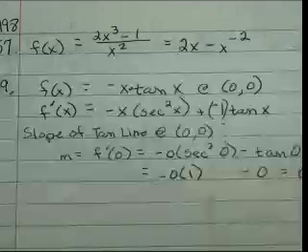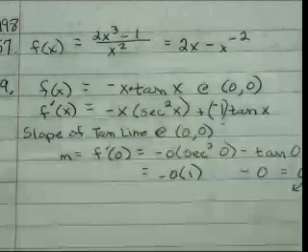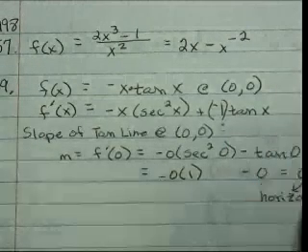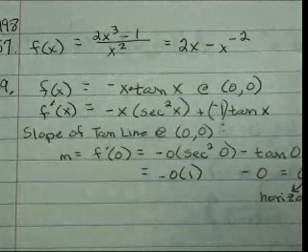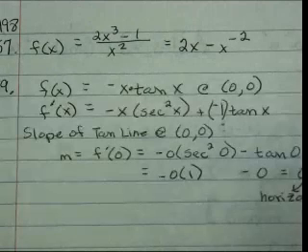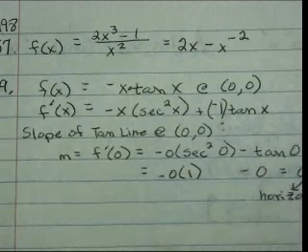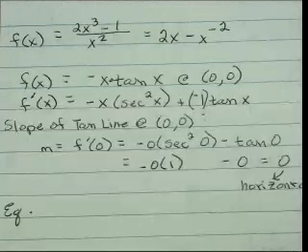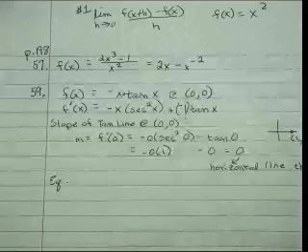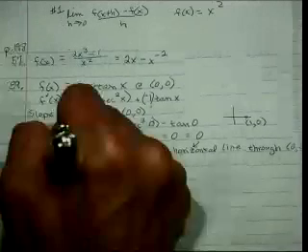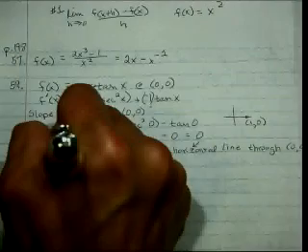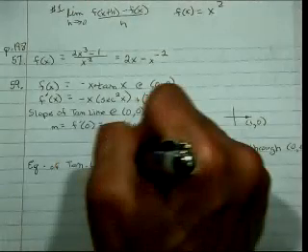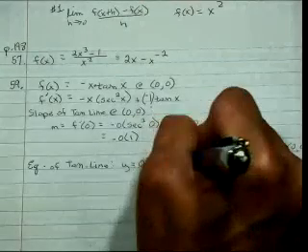So the easy thing to do would be to say this is a horizontal line through the origin, and so the equation of the tangent line would be y equals 0, better known as the x-axis.